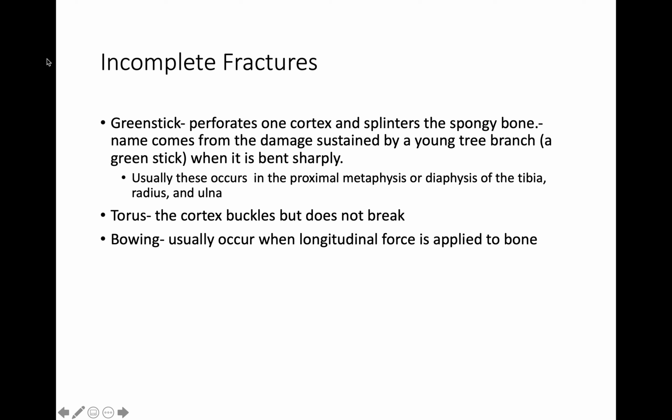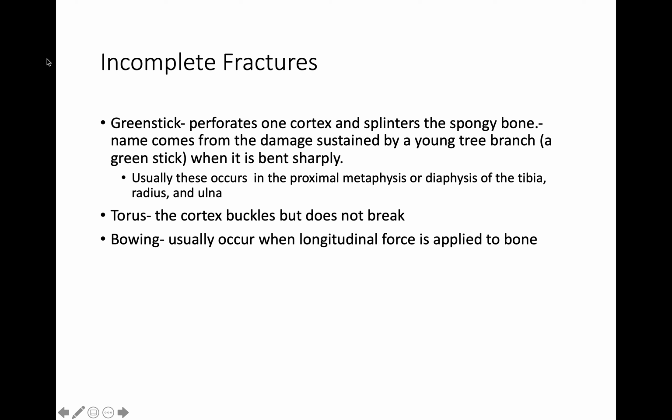And bowing usually occurs when a longitudinal force is applied to a bone. And what that means is it occurs in children and involves a paired bone of the radius and the ulna or the tibia and the fibula. A fracture occurs in one of the bones of the pair, either the radius or ulna or the tibia or fibula.